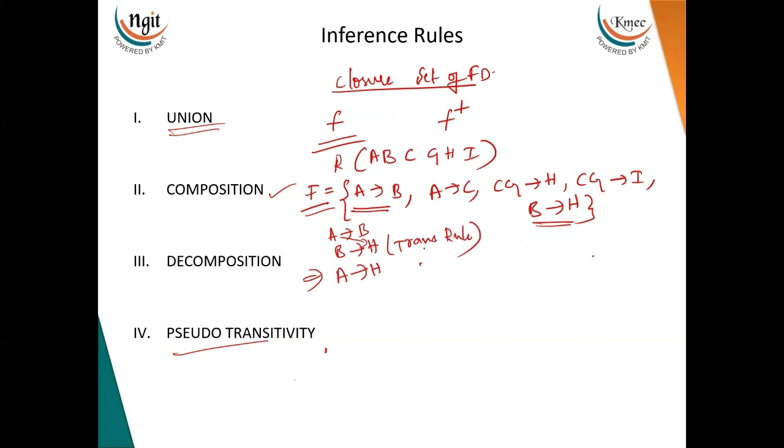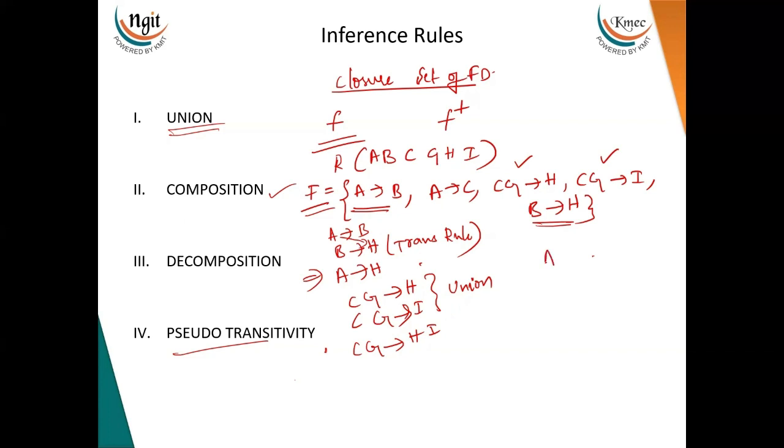Similarly, we are going to consider CG tends to H, this one. Also, we have CG tends to I. Now, with the help of union, what can you write? CG tends to HI. Union is used to combine both the attributes. So thereby H and I are combined together to frame a new functional dependency.